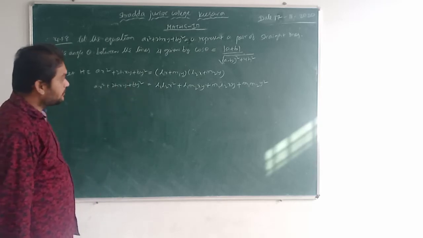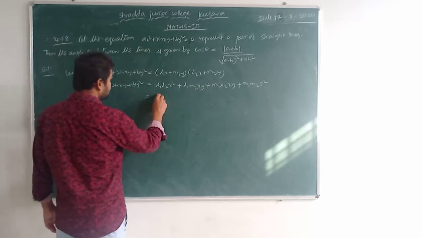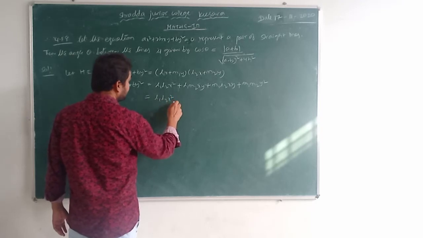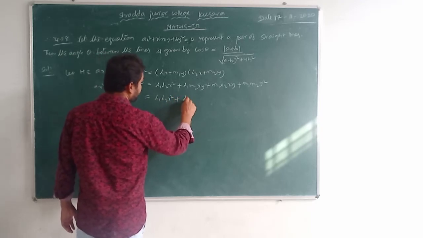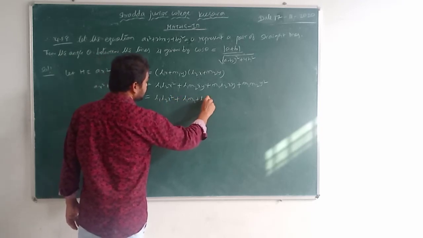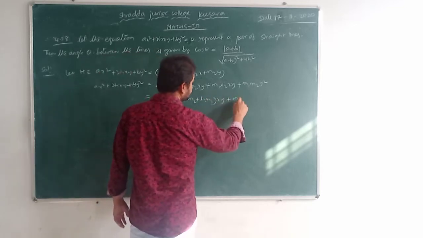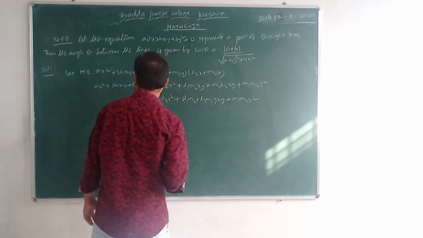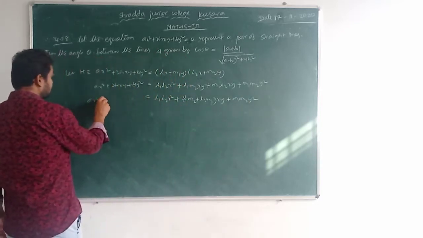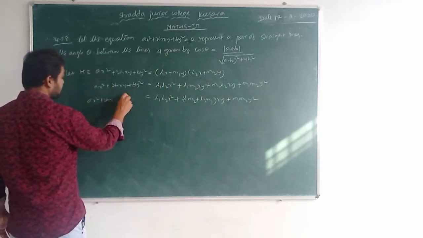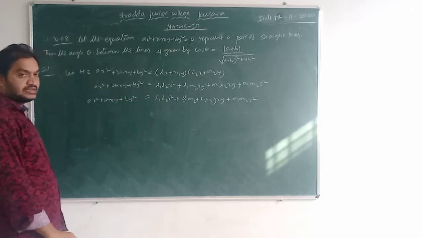Now by comparing, see how we can get this is one more step. L1 L2 x square, now L1 m2 plus L2 m1 into xy plus m1 m2 y square. See now, this is which form? ax square plus 2hxy plus by square.